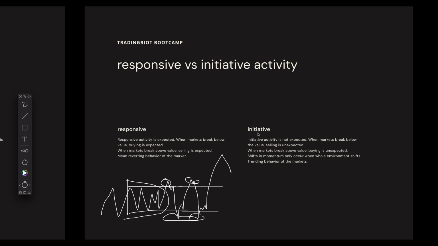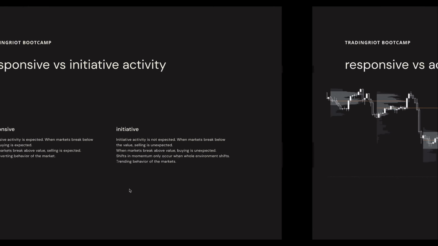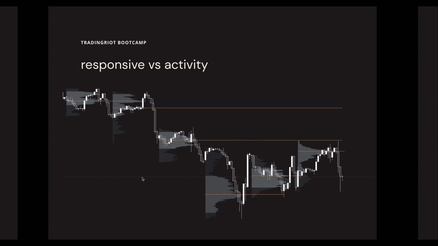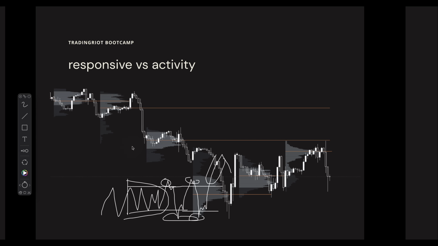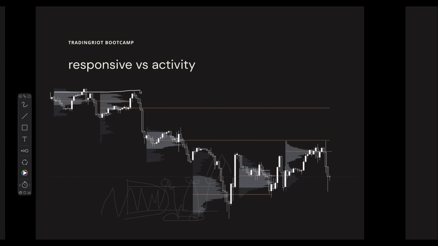Okay, so the initiative activity is the thing which is not expected when markets are trading in a range. We can see it here basically. This is the E-mini S&P, and you can see how this market is trading inside this kind of fair value.